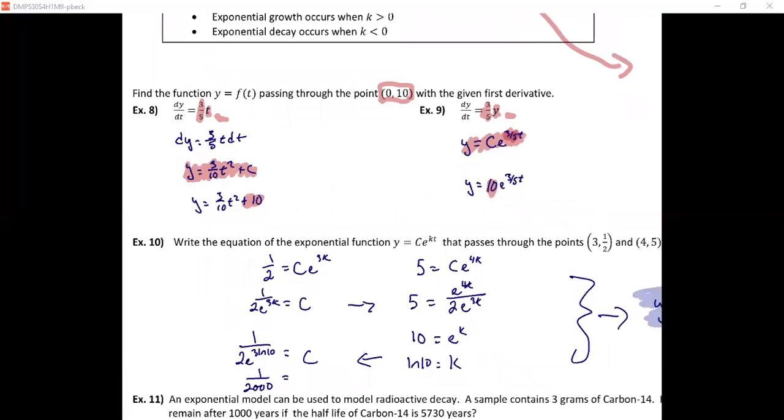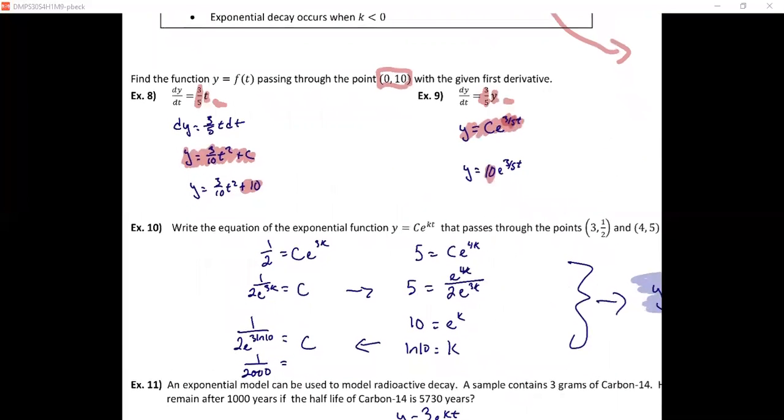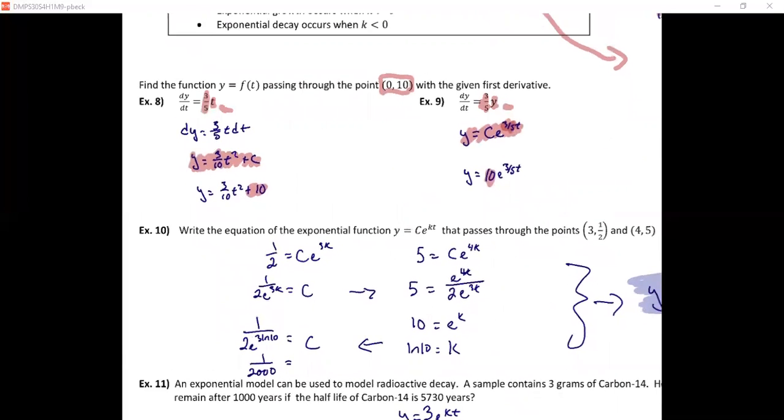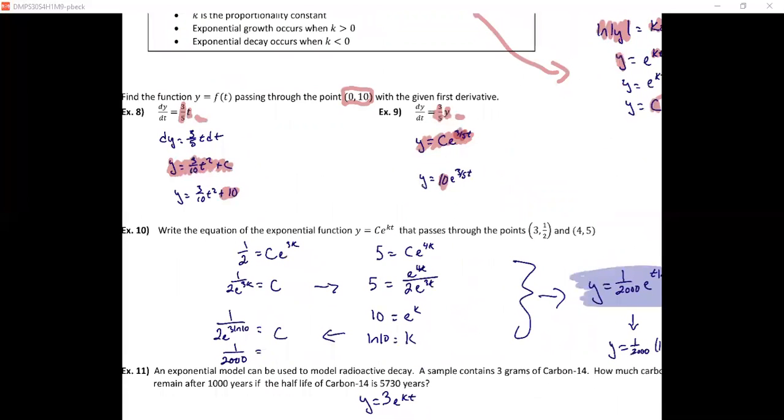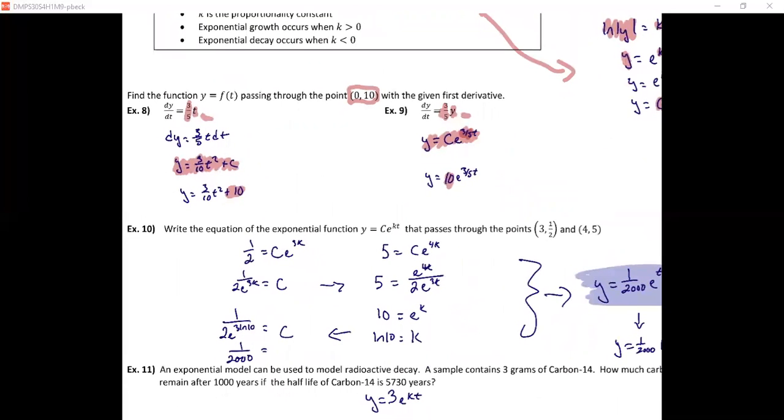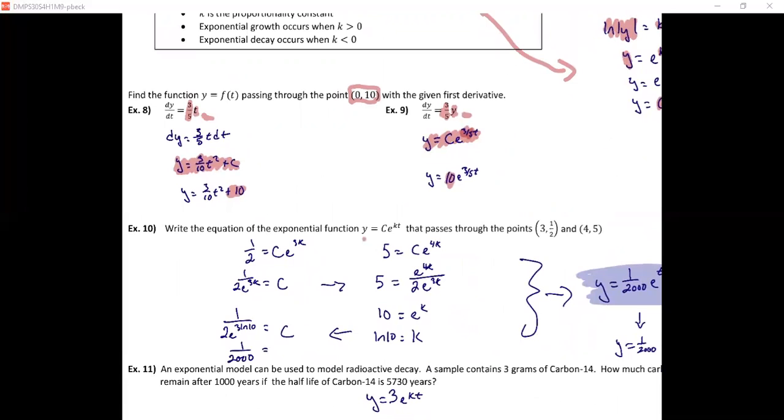Examples 10 and 11 aren't necessarily calculus. They're just a lot of pre-calculus skills to remember. So when it comes to problem number 10, our goal is to find the exponential function that goes through these two specific points. So this turns into, hey, let's plug in those points and figure out what the system of equations looks like. So we plug in both points.